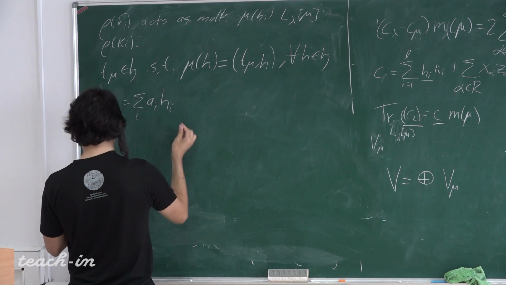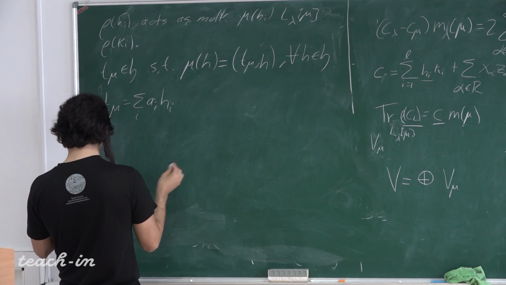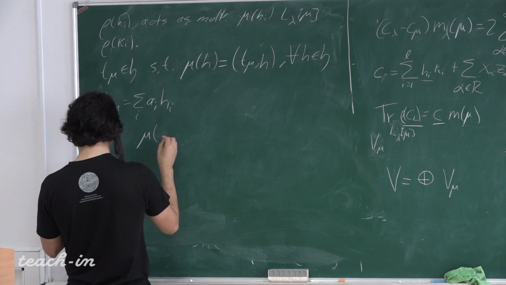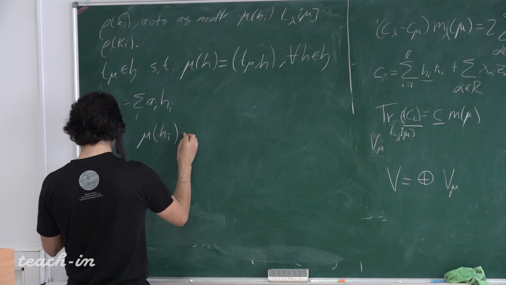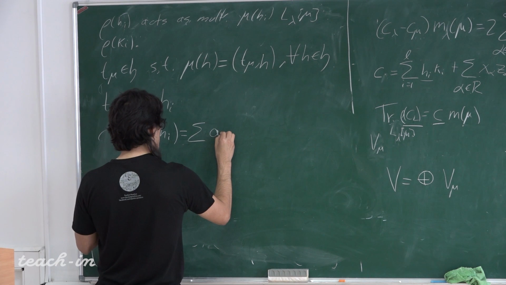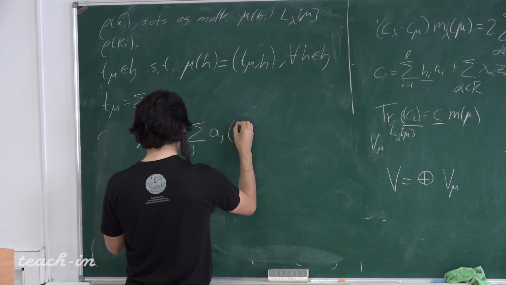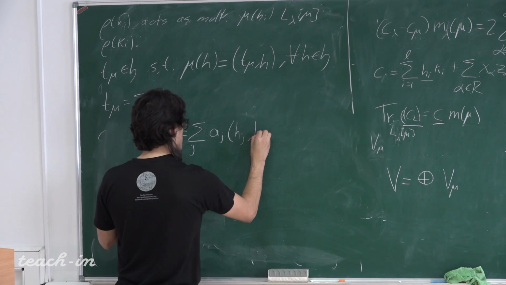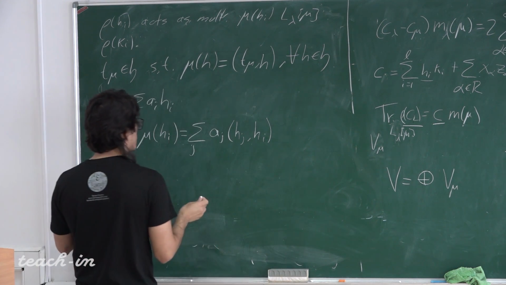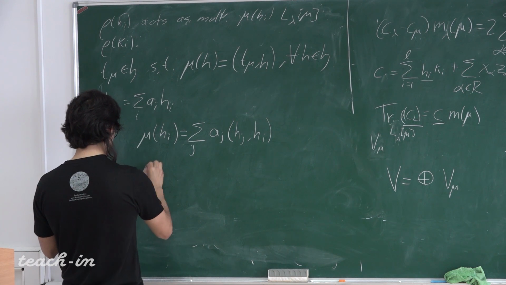And we rewrite this again as an element here. Actually in the Cartan. Okay, and so we have that when we evaluate mu on this Hi, it's just the definition of the Killing form. Just linearity, I guess.